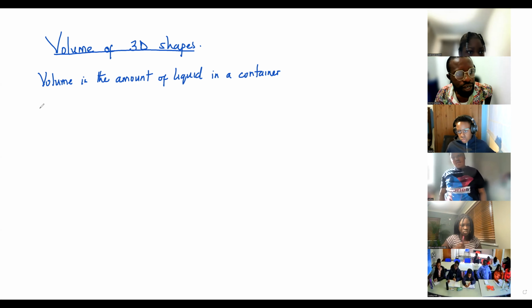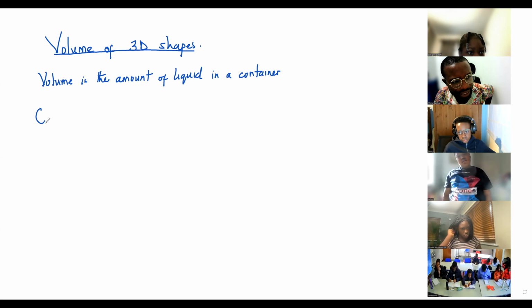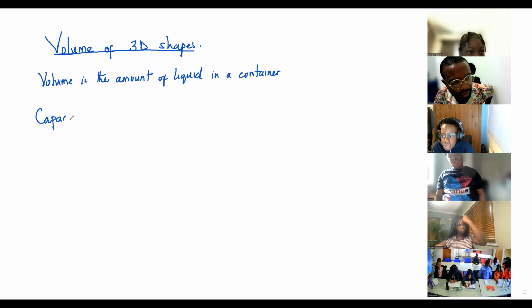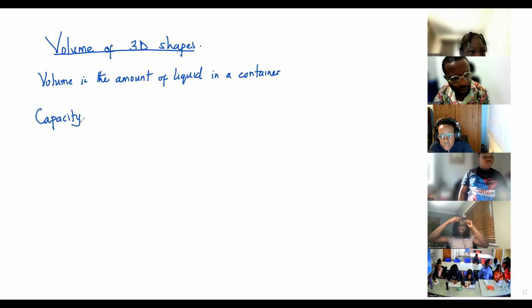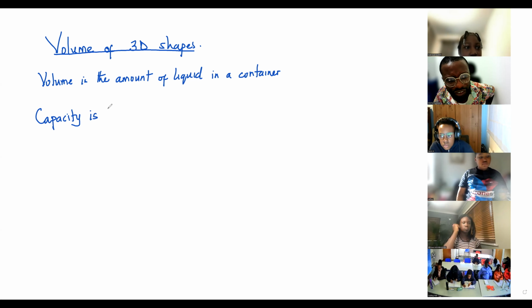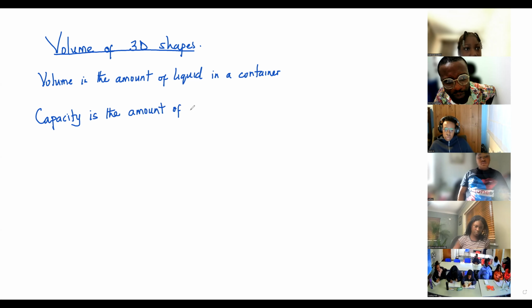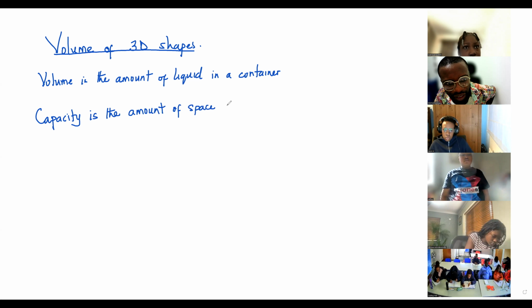So now, capacity. What is capacity? Capacity is the amount of space in a container.